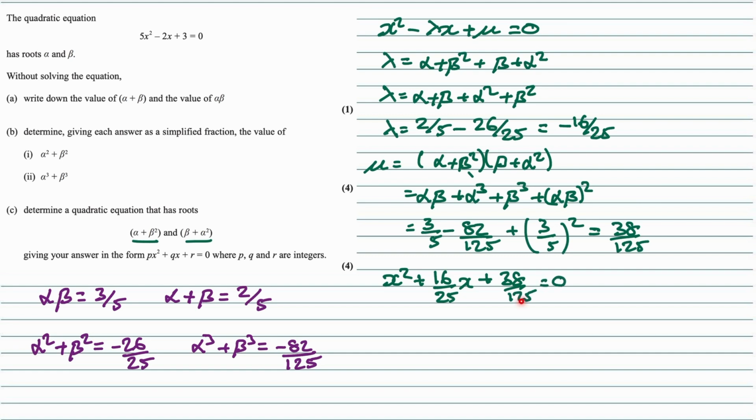And now we just need to multiply every term by 125. So we get 125x squared plus 80x plus 38, and that will equal 0. So P is 125, Q is equal to 80, and R is 38.